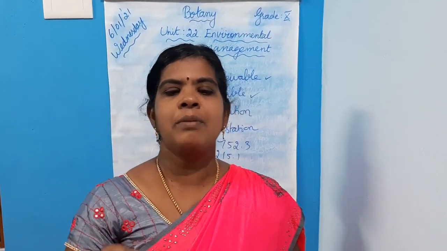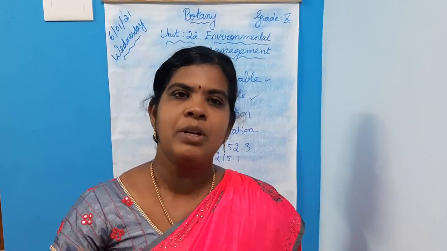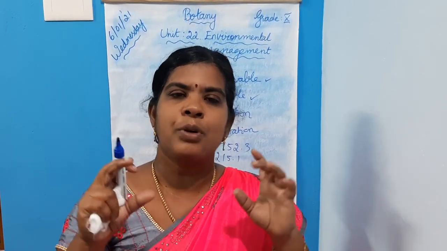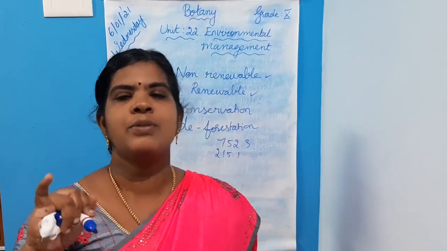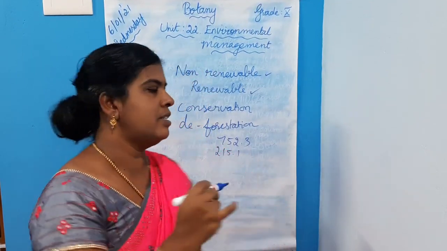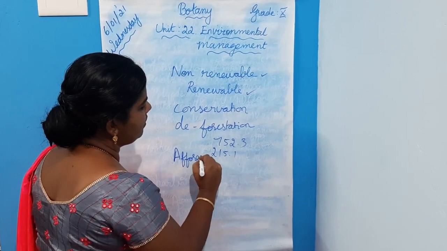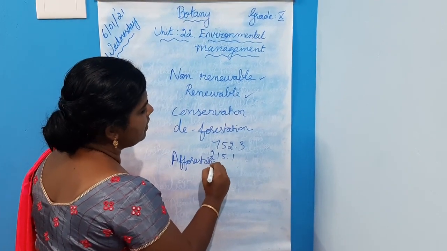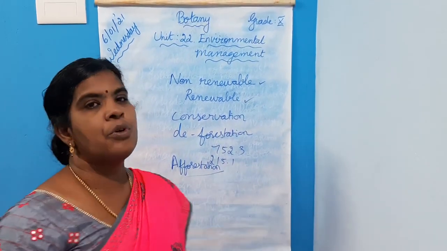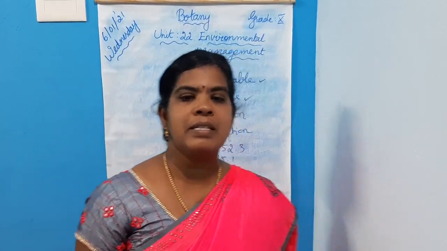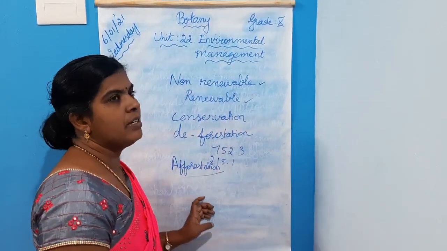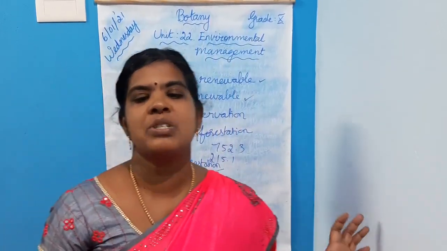So certain important measures are taken to protect the forest. First one is afforestation. What is it, ma'am? Afforestation in the sense cultivation of more trees, isn't it? So that is afforestation, cultivation of more trees.